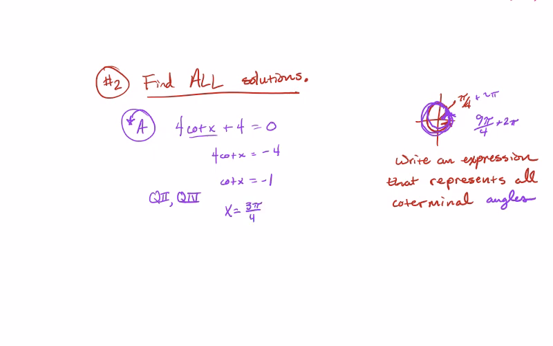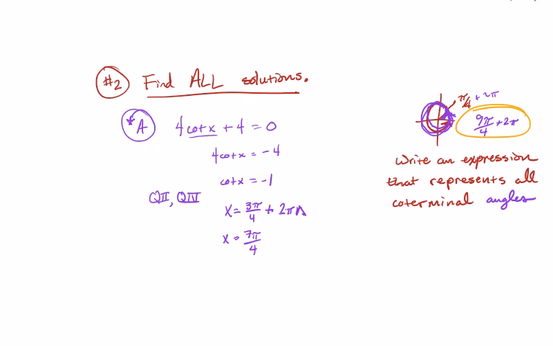And in quadrant 4, x would be 7 pi over 4. And to find coterminal angles, we just add 2 pi. So to find all solutions, we're going to say plus 2 pi n, given that n is an integer.